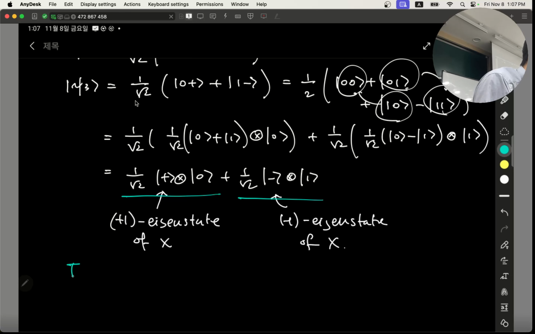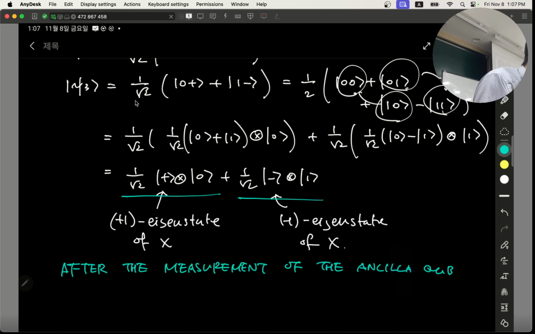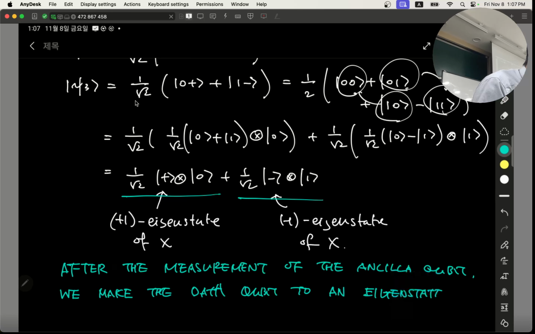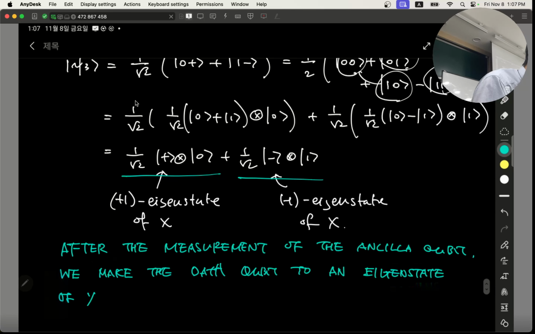The thing that matters is we get an eigenstate. So after the measurement of the ancilla qubit, we make the theta qubit an eigenstate of x.